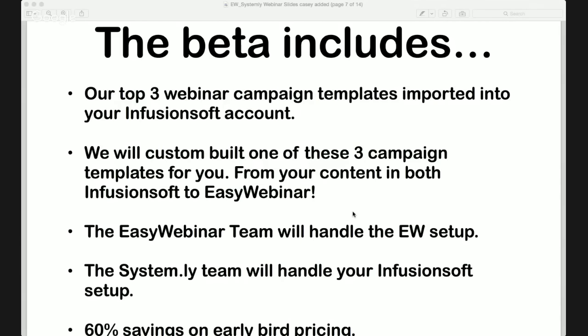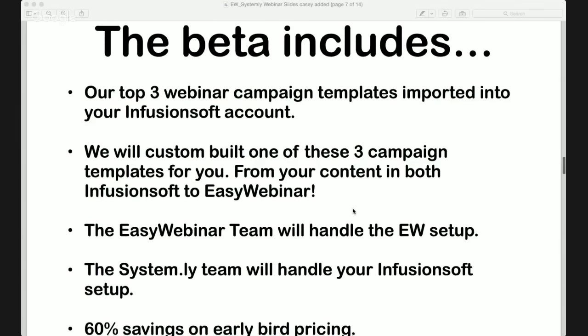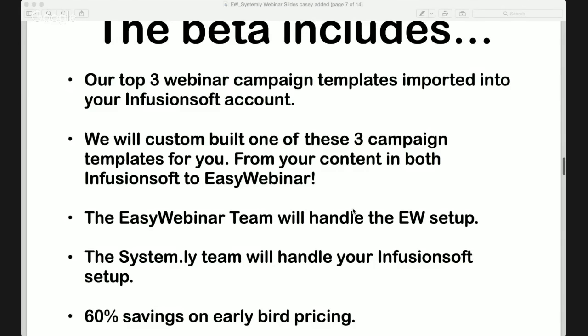So we'll actually build out both sides of it, right? There's not only the Infusionsoft side, you have to understand there's also building out EasyWebinar. So the EasyWebinar team will handle the EasyWebinar setup. The system lead team will handle your Infusionsoft setup. And the beta is essentially a 60% saving on an early bird price for this white glove done-for-you service, essentially, is how this is working.